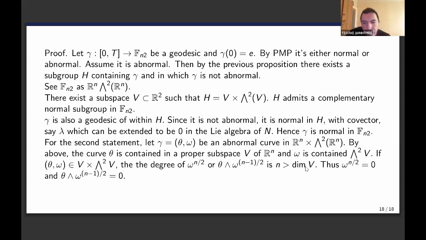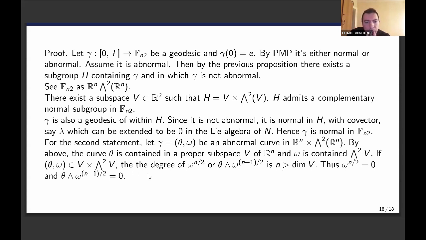If the dimension of V would be equal to n, then this would force lambda to be 0, because otherwise it cannot. It would annihilate everything, the entire R^n, right? You see, because we want lambda to be not 0 by the definition of the covector, and here this would force it to be 0. So we want the dimension of V to be less than n.